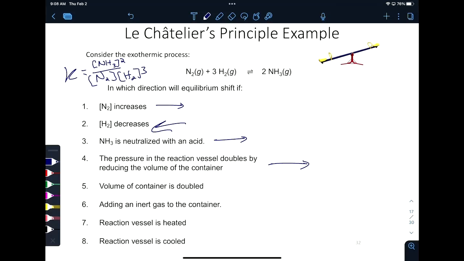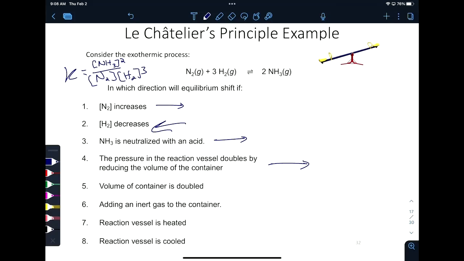The chemical equilibrium does not like that, so it's going to try to relieve some of the pressure in the system by moving to the side of the reaction with fewer moles of gas. So if you look at this reaction, how many moles of gas are on the reactant side? 4, but there's only 2 on the product side. So if I increase the pressure of the whole reaction vessel, the reaction will move in the direction where there are fewer moles of gas, and doing so will relieve the pressure that you stressed on the system.